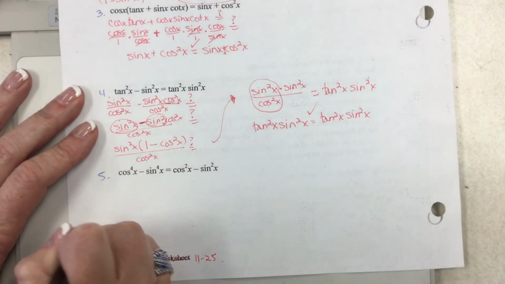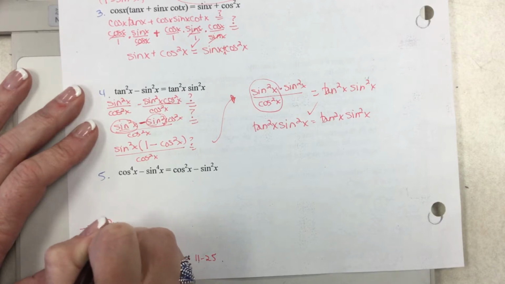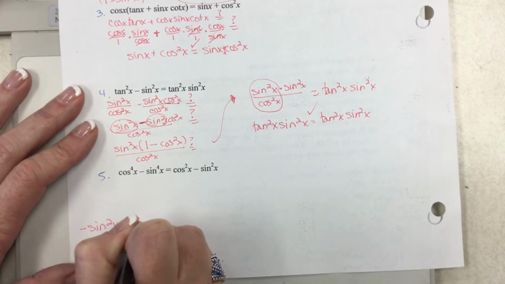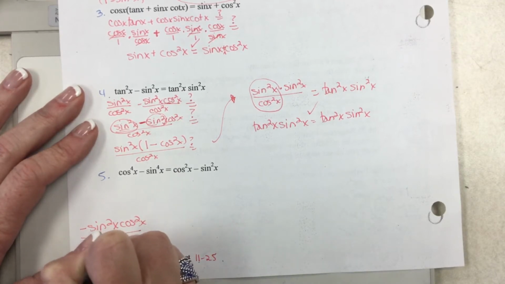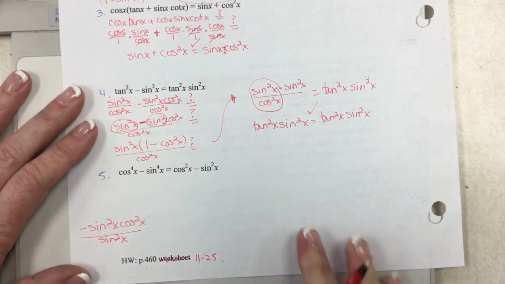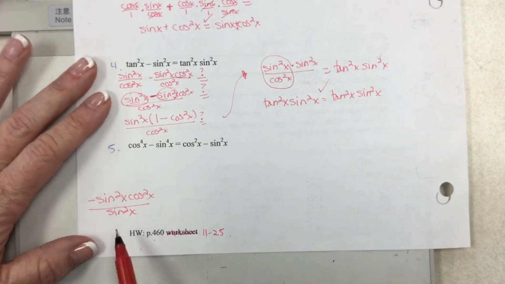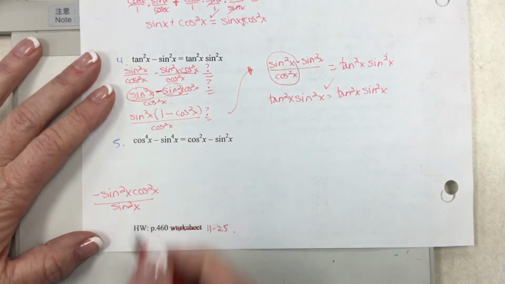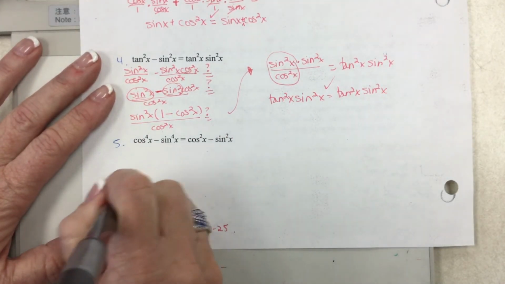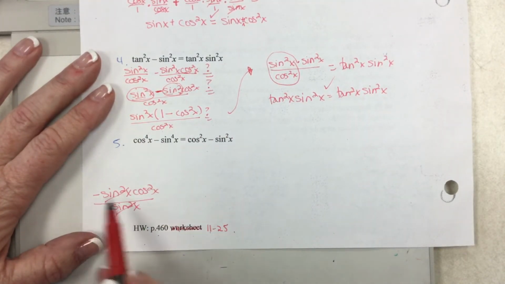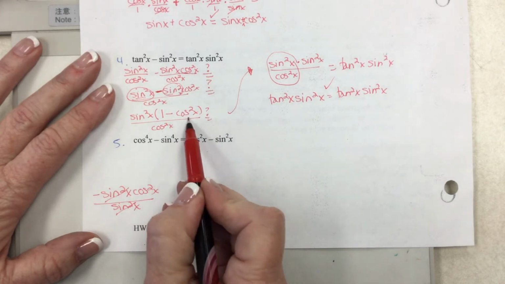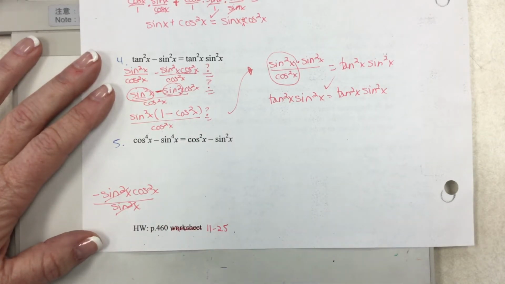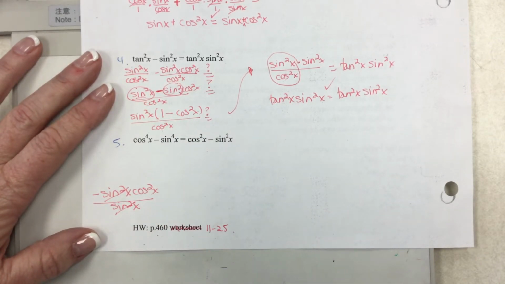So if I have, can you see me? See that? Sine squareds cancel, correct? And I'm left with negative cosine squared. I get it now.